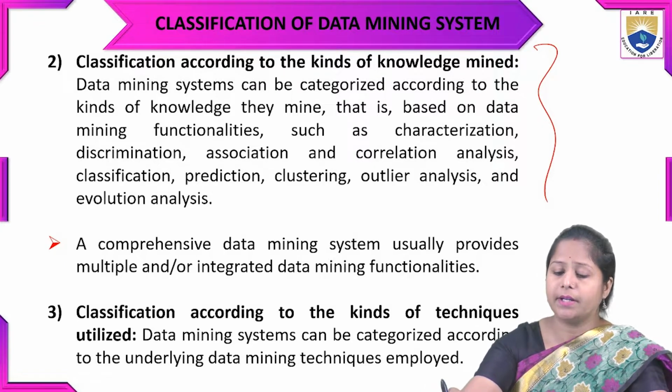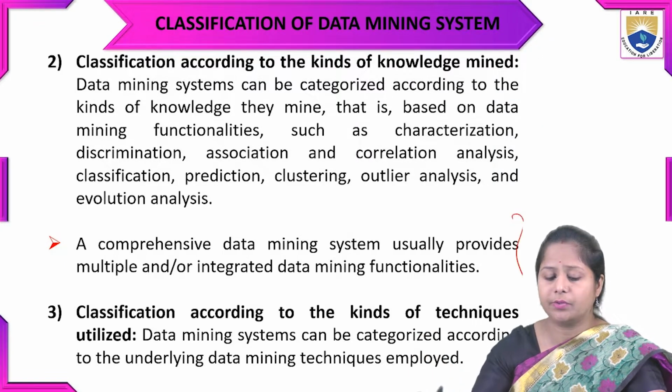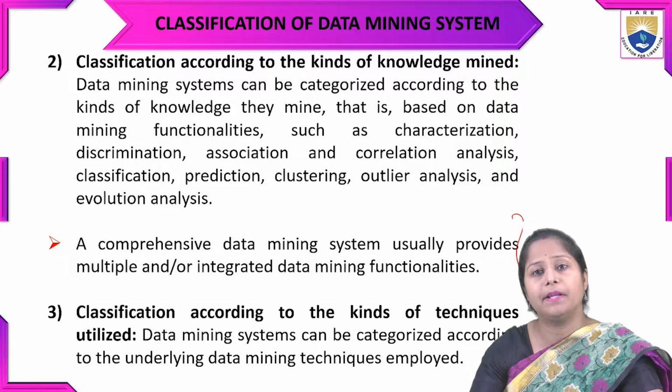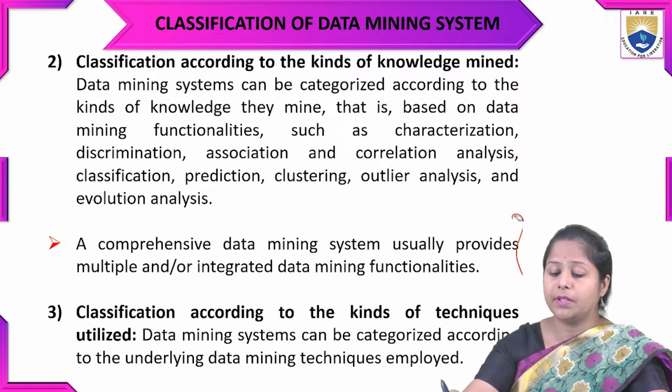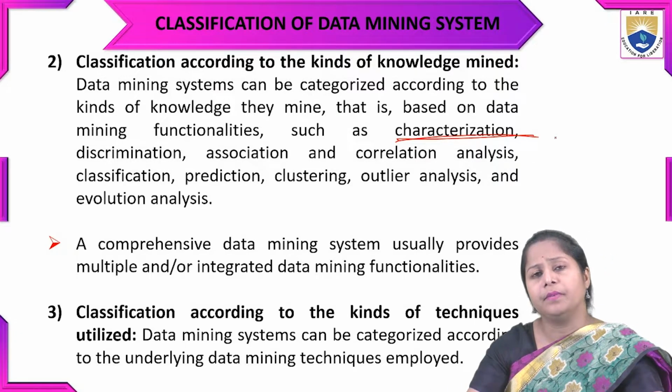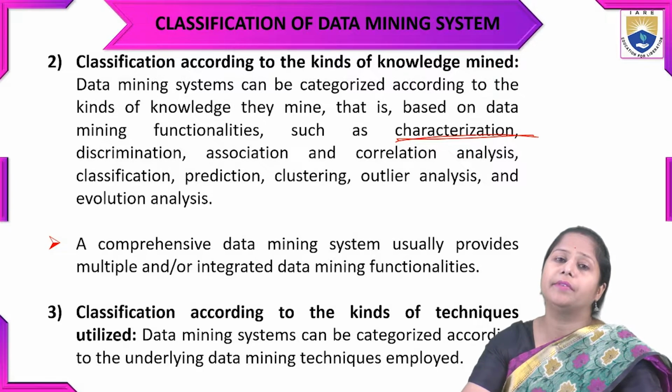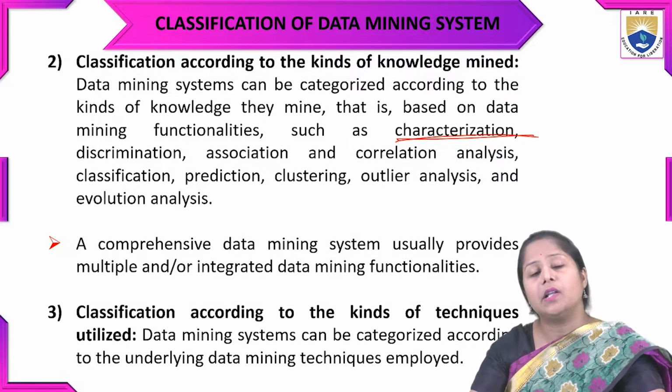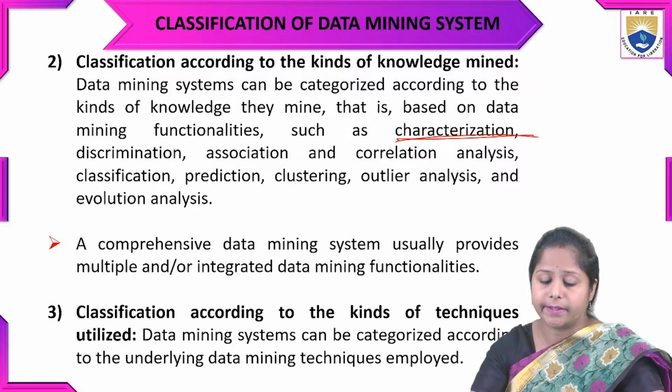A comprehensive data mining system usually provides multiple, or integrated, data mining functionality. A single functionality may be there, but with a large database there can also be a combination of integrated data mining functionality.